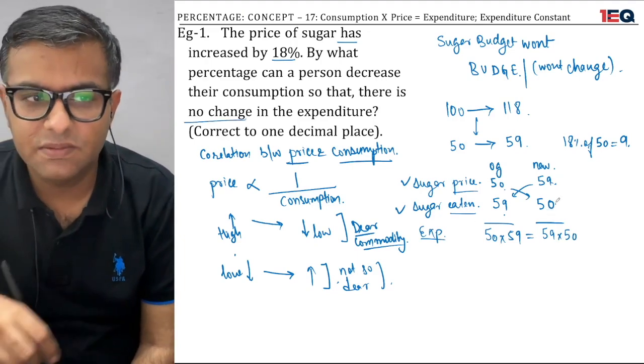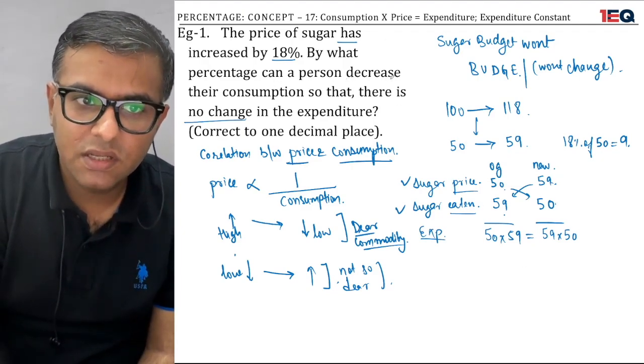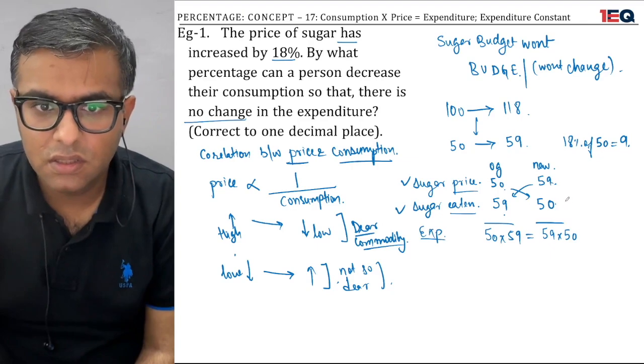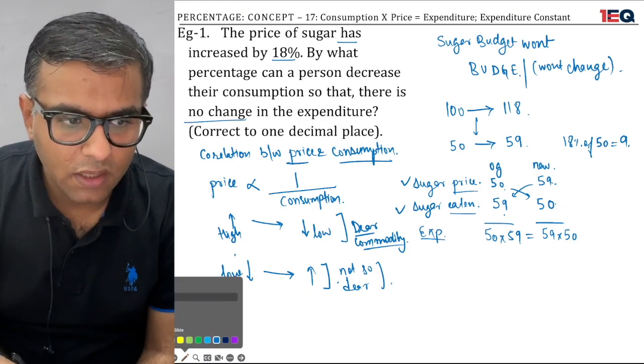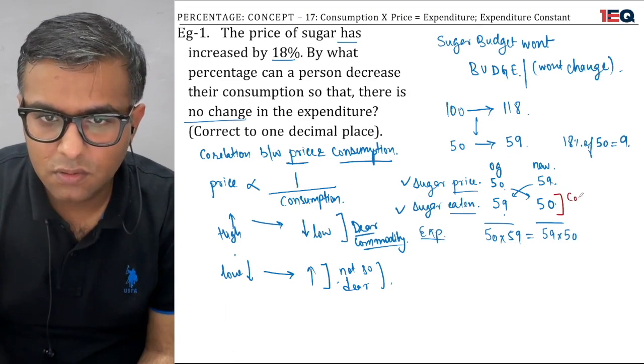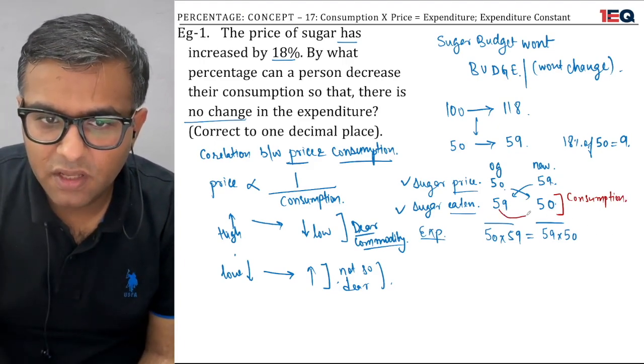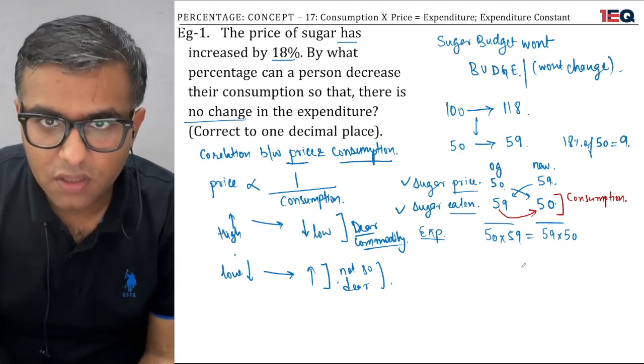But the question says, by what percentage can the sugar consumption be decreased? This area talks about consumption.